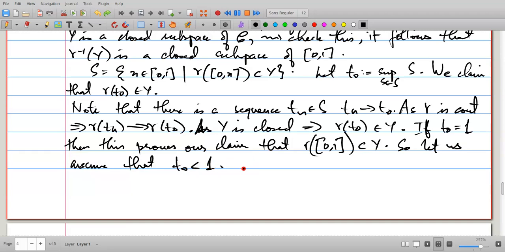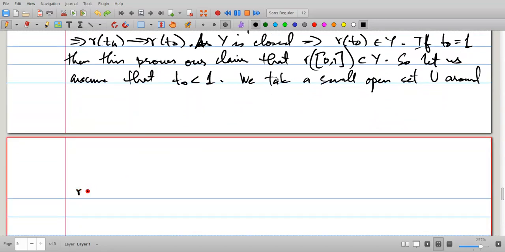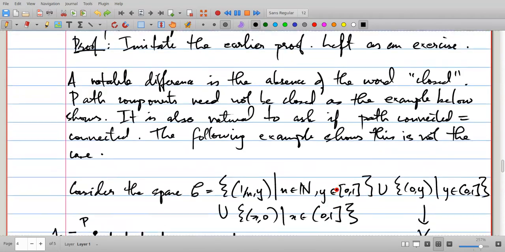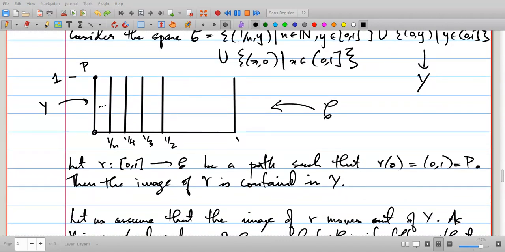So we take a small open set U around gamma of T naught, which does not contain 0, 0, the origin. So the picture is like this, so maybe I can make it in a different color. So this is gamma of T naught. So we take a small square like this, a small open set.